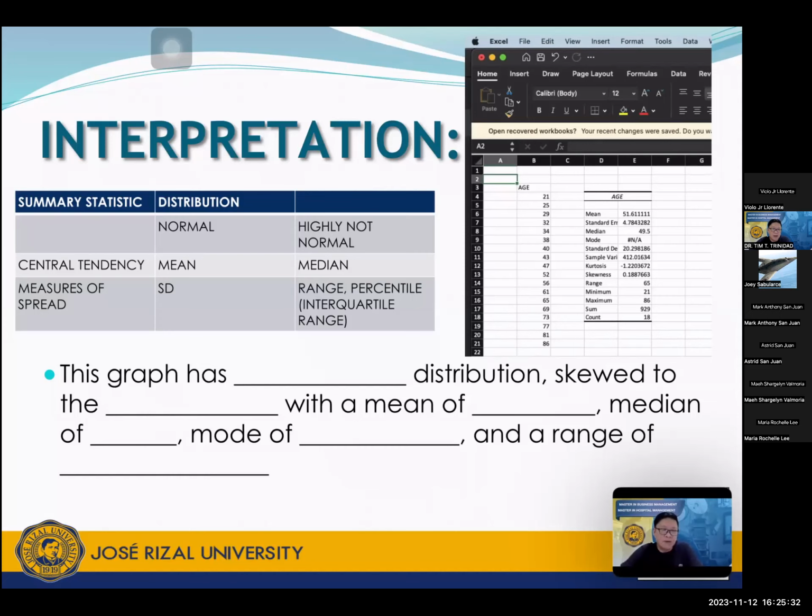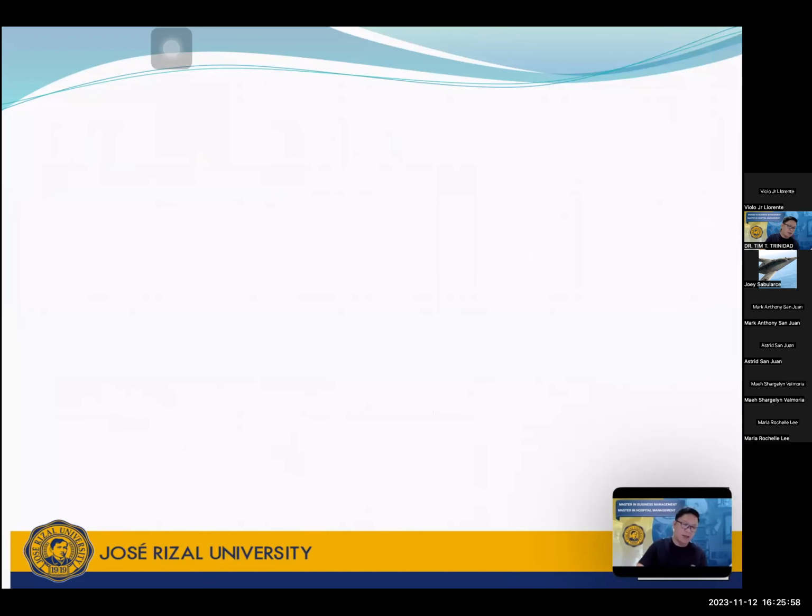So descriptive statistics is all about describing and summarizing your data by reporting what you see as it is in terms of the different measures of central tendency, measures of dispersion, in a frequency table, and in a graphical presentation. Okay. Are we clear with that?